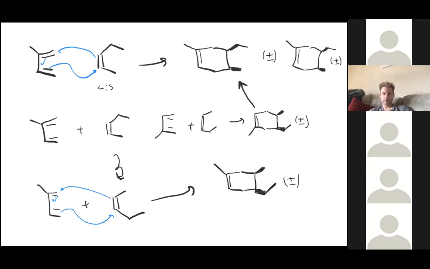So you could flip just the diene or just the dienophile, but if you flip both, you'll end up getting back to the same thing. All right, let's do a trans version of this.